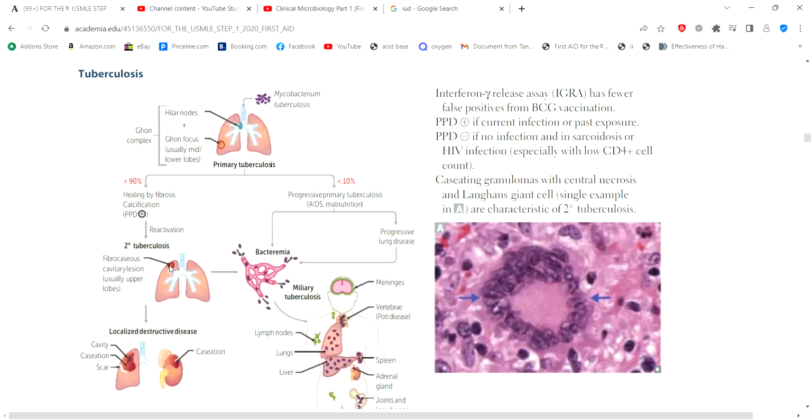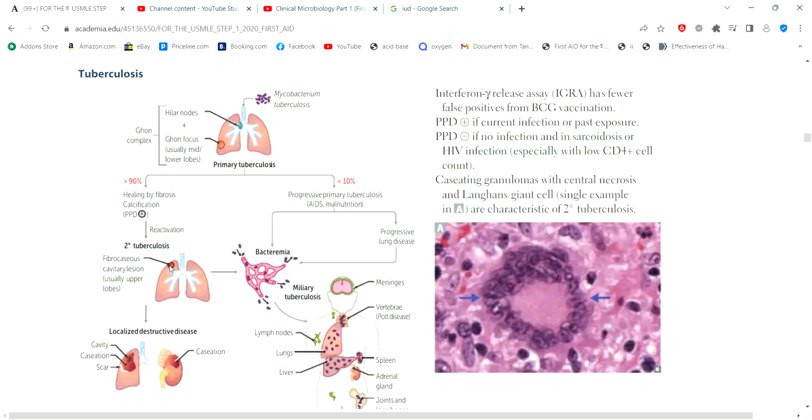PPD is negative if no infection, and in sarcoidosis or HIV infection, especially with low CD4 count, you can get a negative PPD test. So people who have been previously exposed to TB, you're supposed to get a blood test for better accuracy, because the PPD test is most likely going to come up positive even if you don't currently have it.